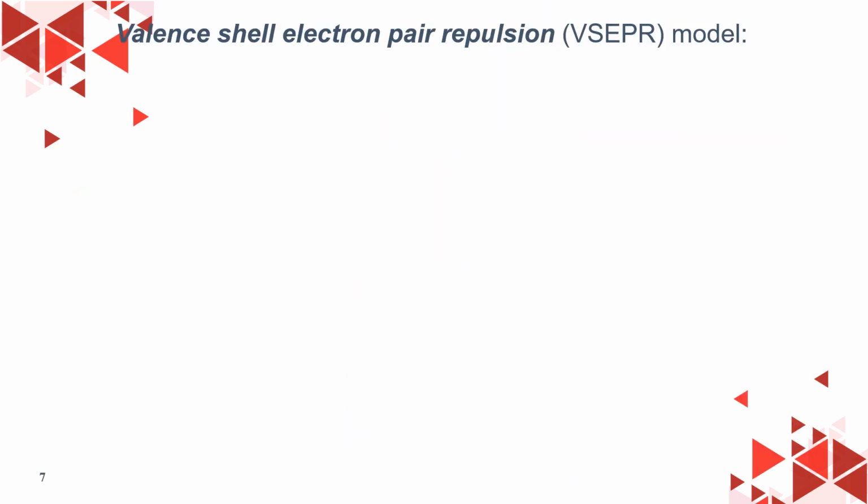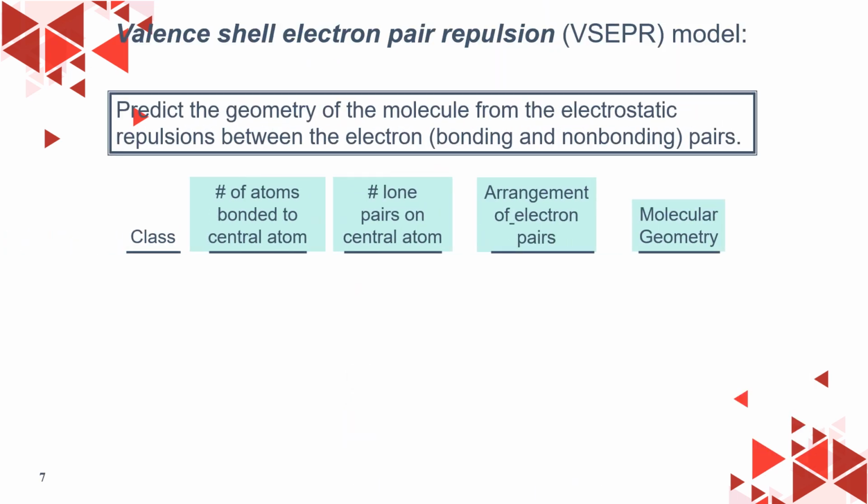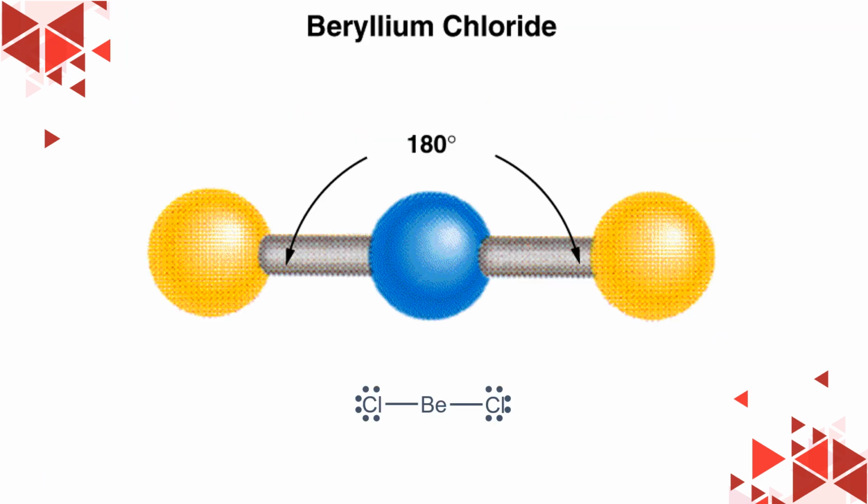Let's make this simpler. If I have one central atom bonded to two atoms, both bond pairs and no lone pair, the arrangement of electron pairs will be linear. We can also be sure the molecular geometry will be linear.